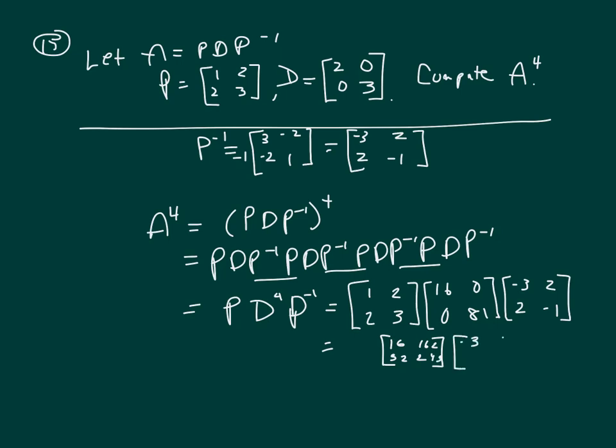So I do negative 3, 2, negative 1, and I think that gives us 276, negative 130, 390, and negative 179.